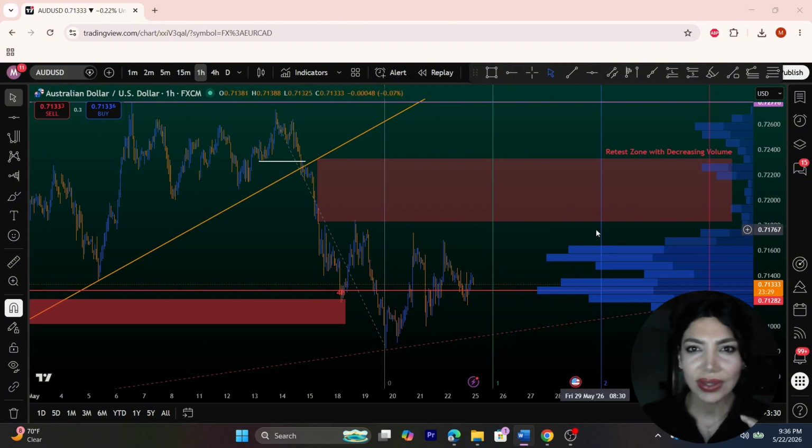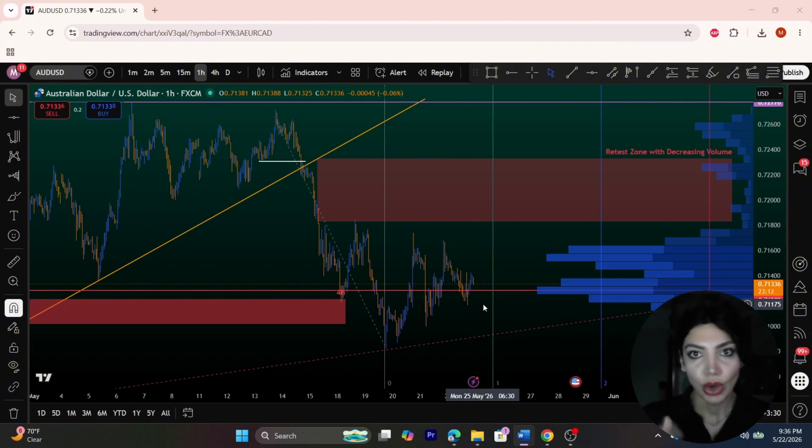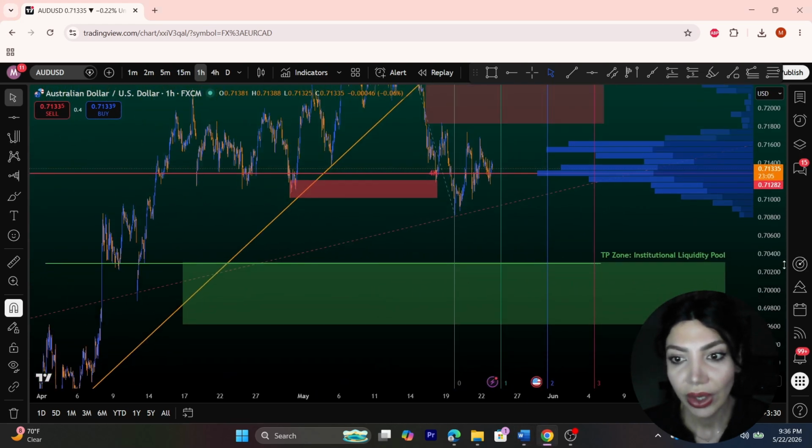When all these signs are aligned, the probability of continuation increases significantly, as you can see. And that's exactly what we are now seeing play out. Price moving lower from that zone and progressing toward the take profit level, which was somewhere here.